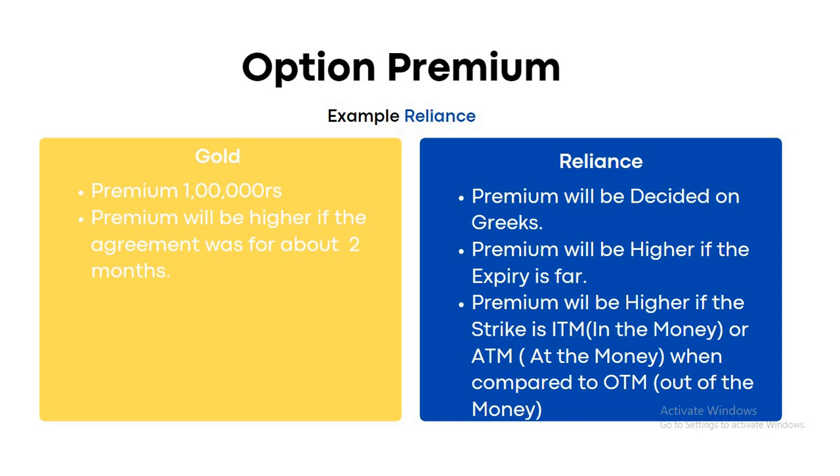For example, the premium will be higher if the expiry is further away: if you compare the option of this month with the option of next month, the next month's option premium will be more than this month's premium, okay. And if you observe the premium of in the money or at the money options, it will be higher when compared to OTM, okay.